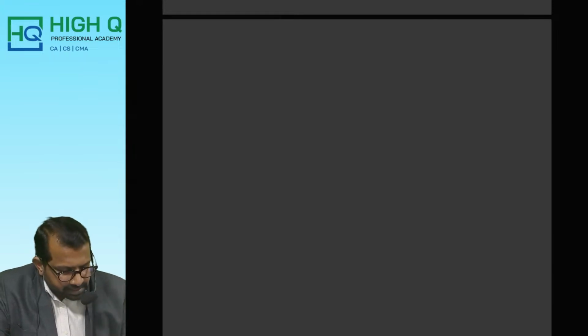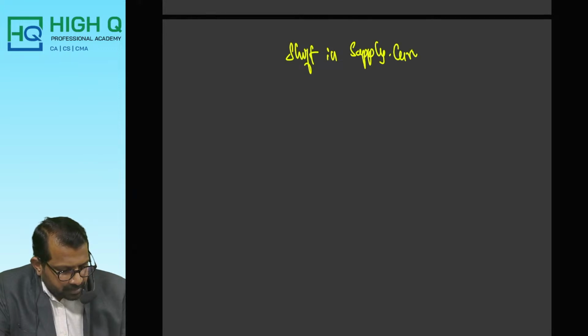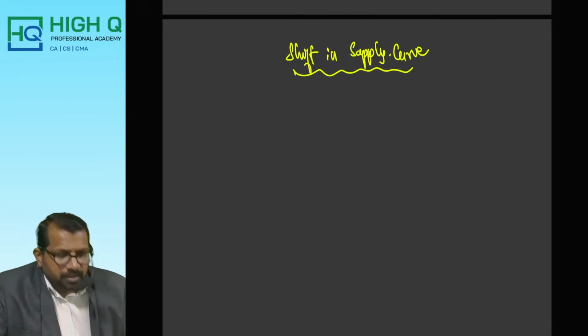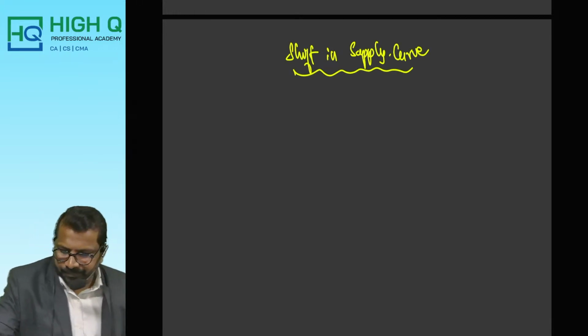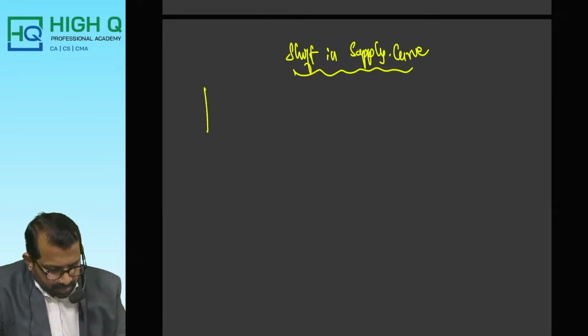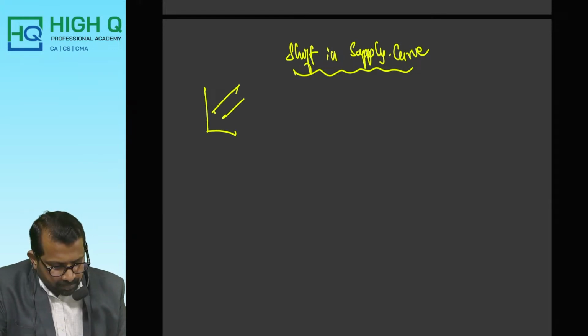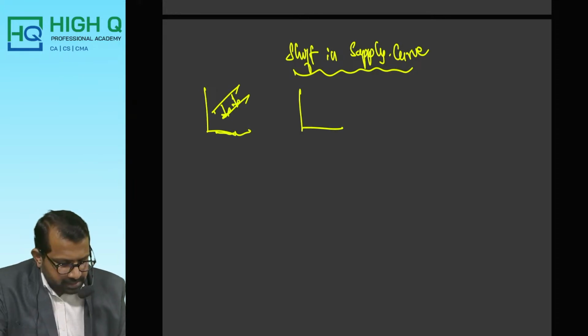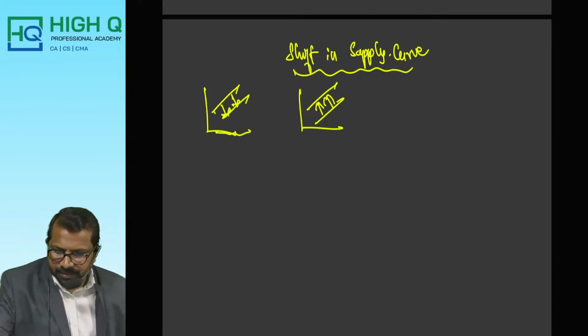Next one is shift in supply curve. Supply curve normally is like this, it either decreases or increases.